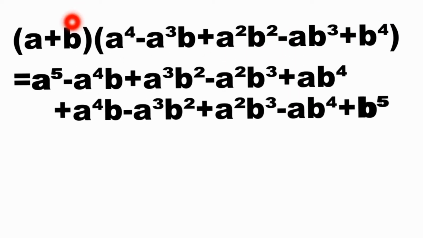Then we are going to distribute b also to each of these terms of the polynomial. So b times a to the fourth is plus a to the fourth b. B times minus a cube b is minus a cube b squared.